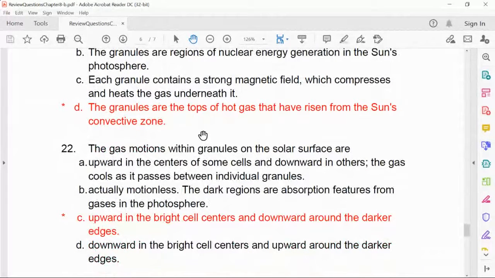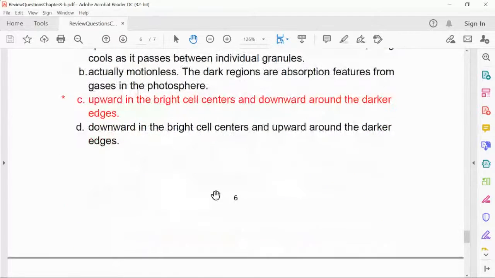So you have hot gas rising from the middle, and of course cooler gas sinks on the edges, and that's how we get the granules. 22, the gas motions within granules on the solar surface are upward in the bright cell centers and downward on the dark edges. That's why it's cooler on the dark edges and of course brighter in the center because it is hotter.